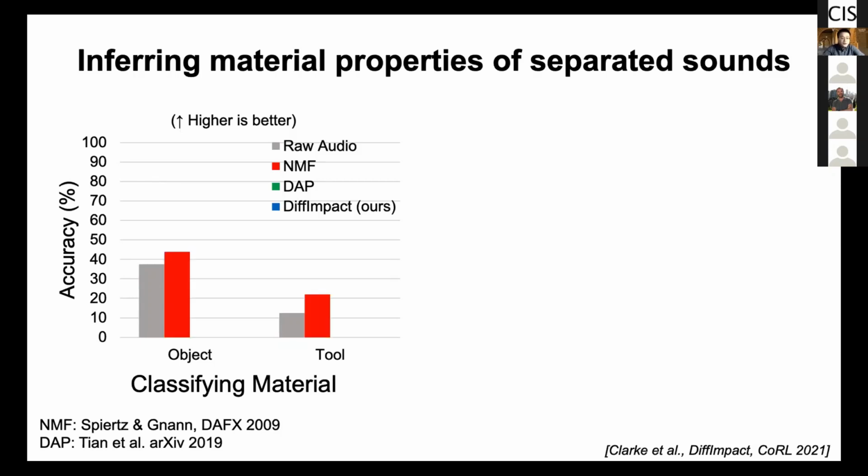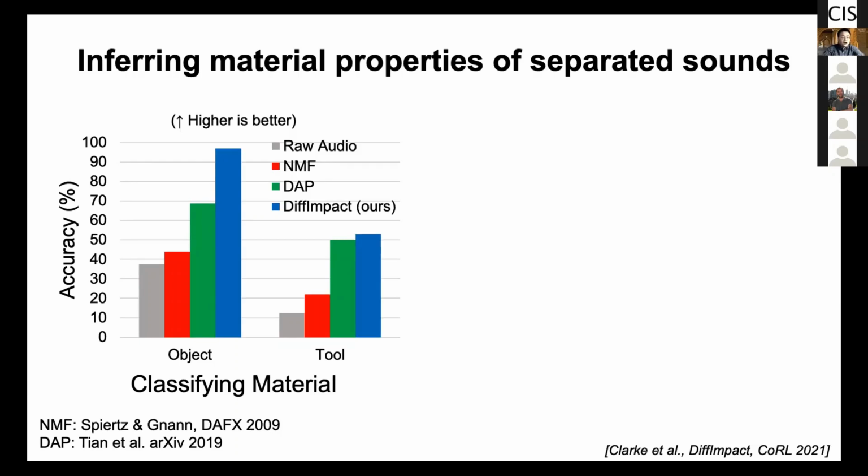And here's the accuracy for model-free source separation baselines, non-negative matrix factorization and deep audio prior. And here is the accuracy from the separated sound using our method. It much more accurately separates the component sounds and can accurately classify their materials.